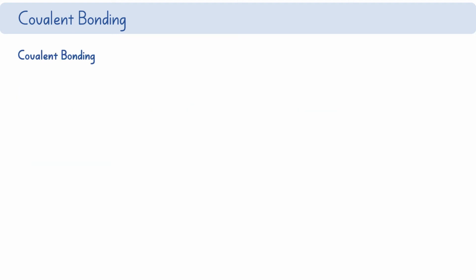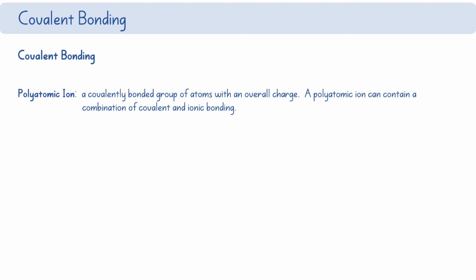Now that brings us to polyatomic ions. A covalently bonded group of atoms with an overall charge could occur, and a polyatomic ion can contain a combination of covalent and ionic bonding.